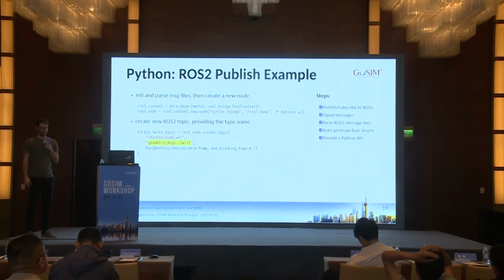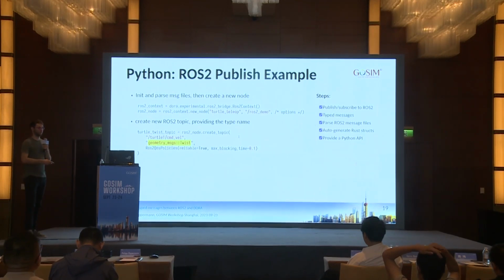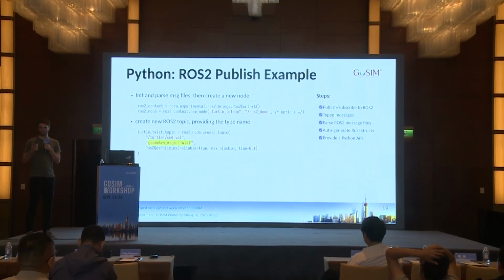And then we create a new node, again with the node name and the namespace. For the topic creation, we now support and require an additional type name. So in this case, we specify that we want a Twist message. And this allows the publish function to look up the correct type information.